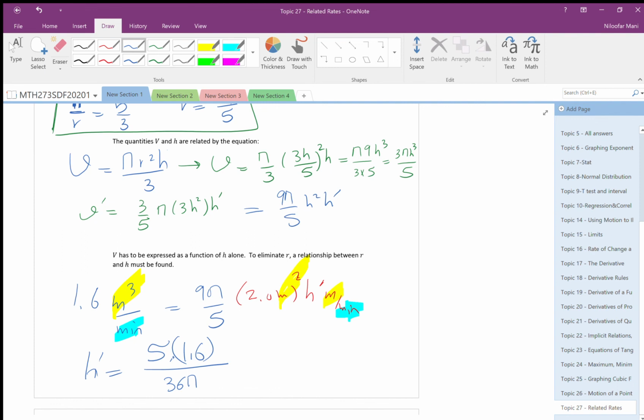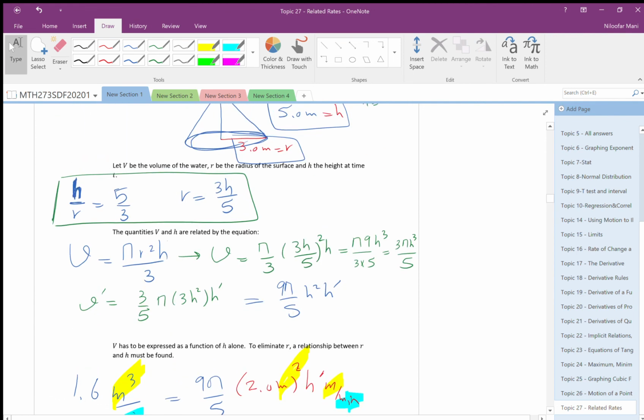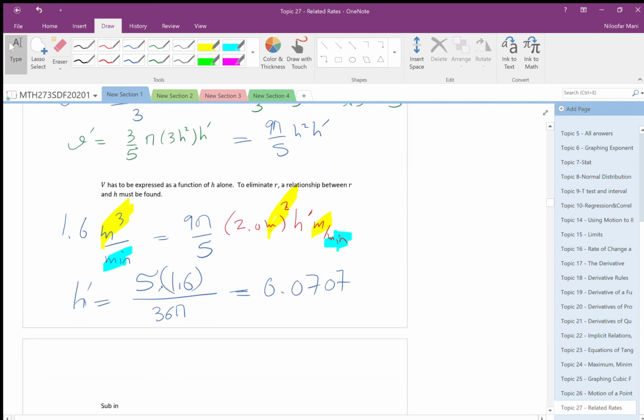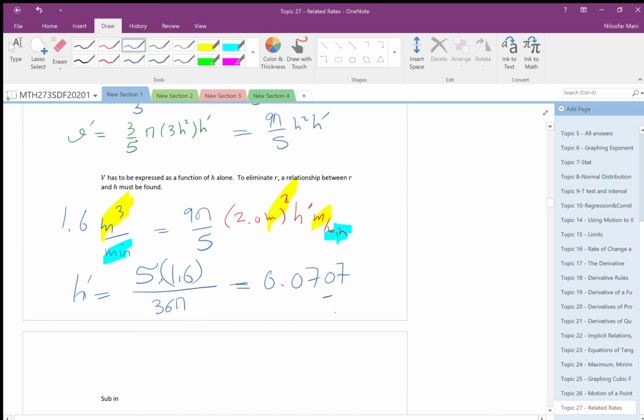Okay, this is 0.0707. So how many significant digits? I think, yeah, here 2. Okay, so I underline that and check that this is almost 0.071 meter per minute.